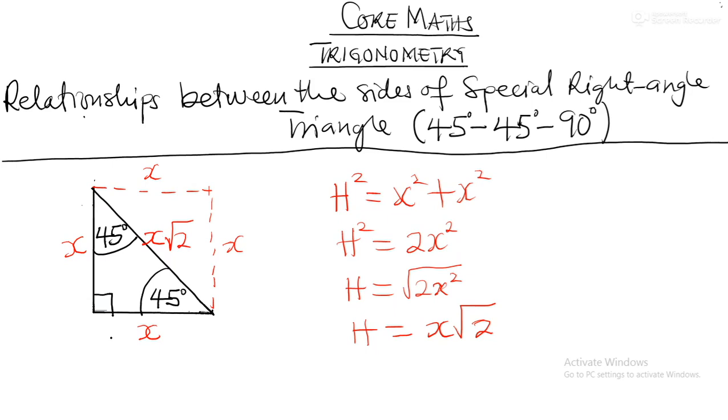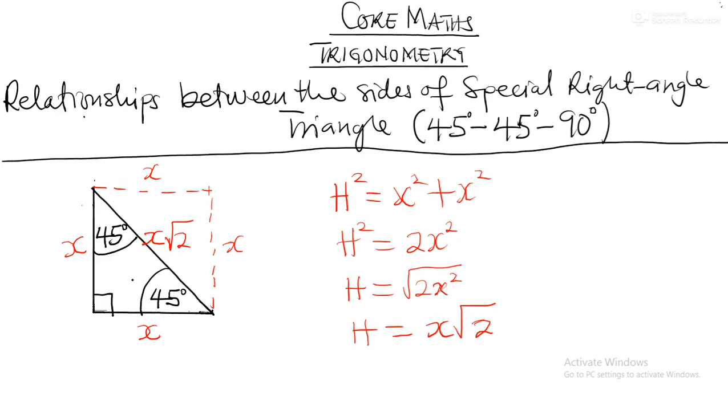in this lesson, we'll be looking at the trigonometric ratios of special angles. So our lesson today will focus on trigonometric ratios of special angles. The special angles here are the 30 degrees, the 60 degrees, and the 45 degrees angles in the right angle triangles that we've just looked at.